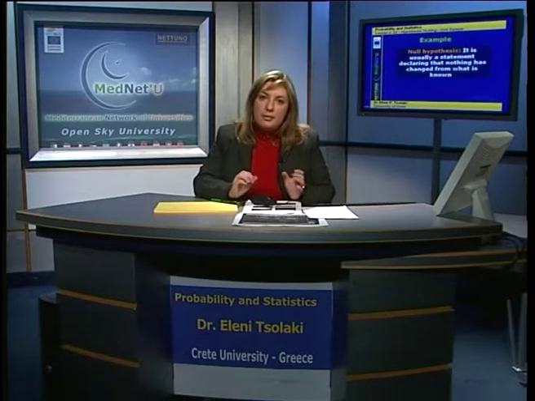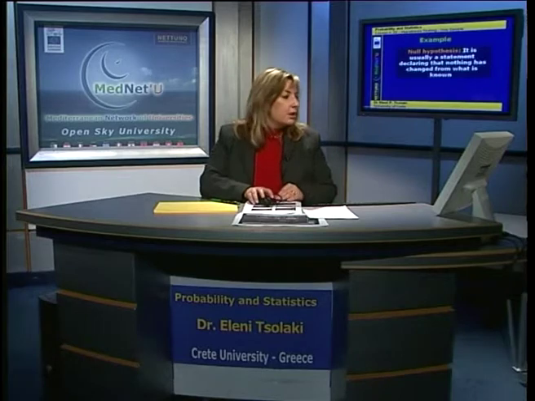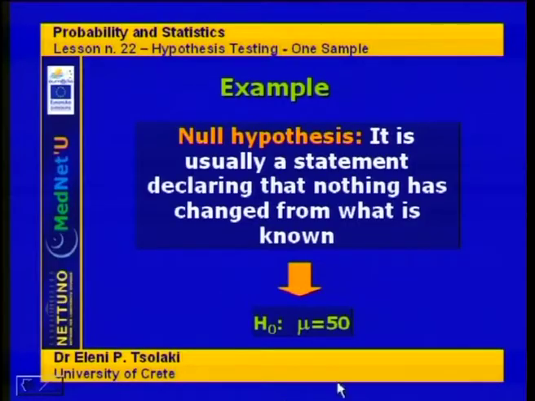So from the example, the hypothesis that nothing has changed, writing it with maths, is that the mean is 50. It has not changed. The null hypothesis is denoted with the letter H naught, the capital letter from hypothesis, so it is the null hypothesis H0.